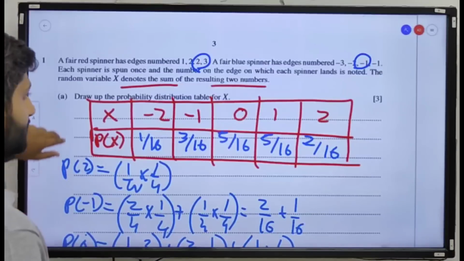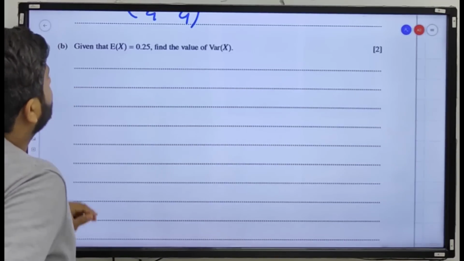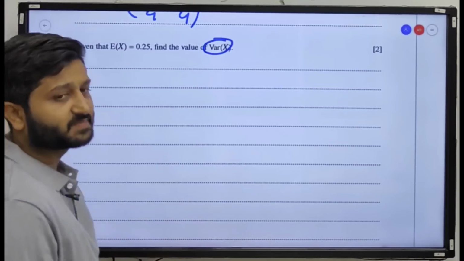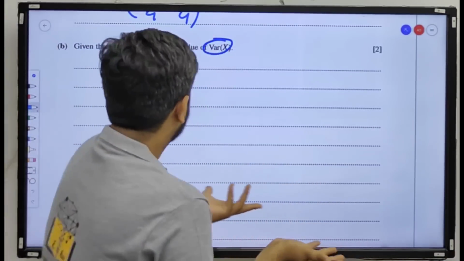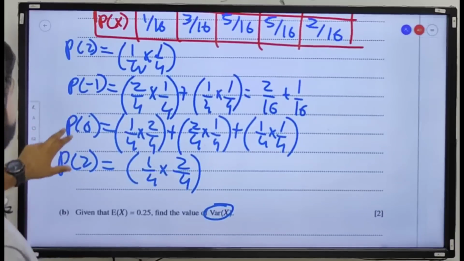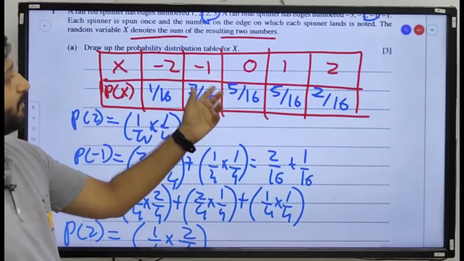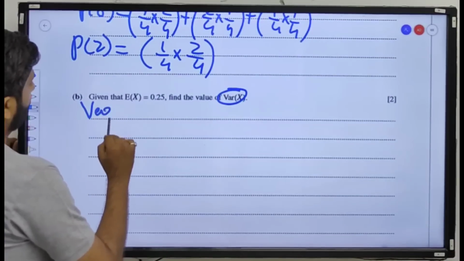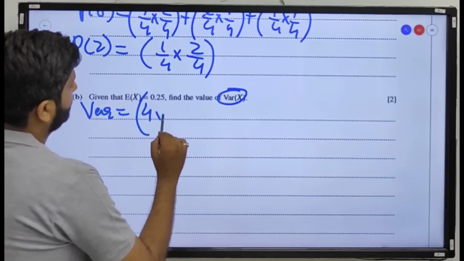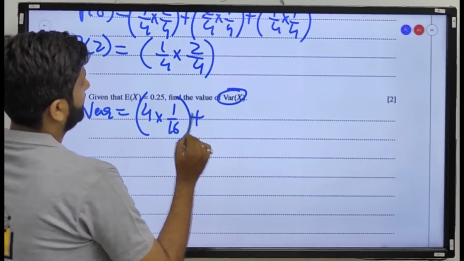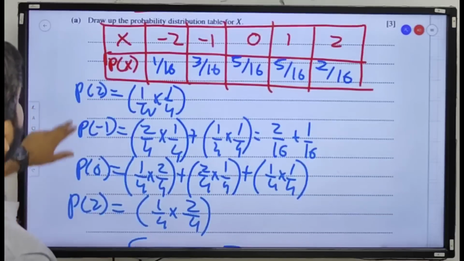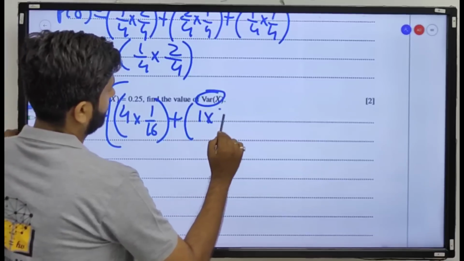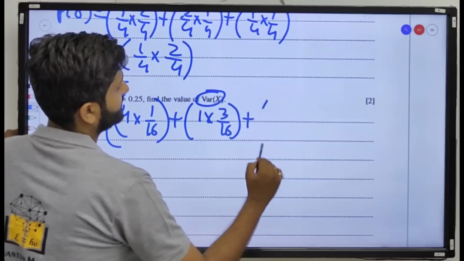Let us move to the next question. Given that E of x is 0.25, find the variance of x. E of x means the mean is given to us and we are supposed to find the variance. We know variance is the sum of x square into p minus mean square. So -2 square is 4. For variance you have 4 into 1 by 16, plus -1 square, which is 1 into 3 by 16, plus 0 square is 0.